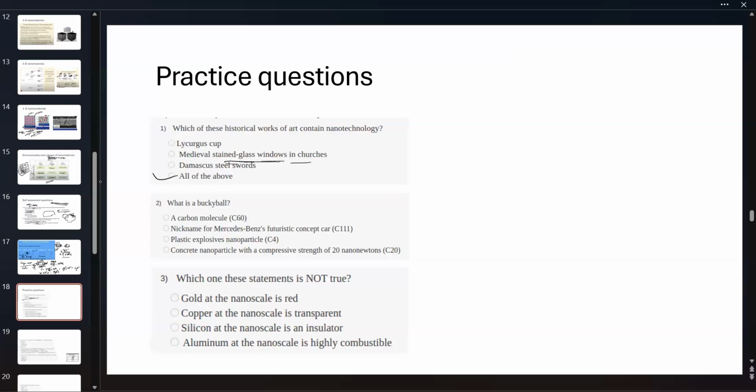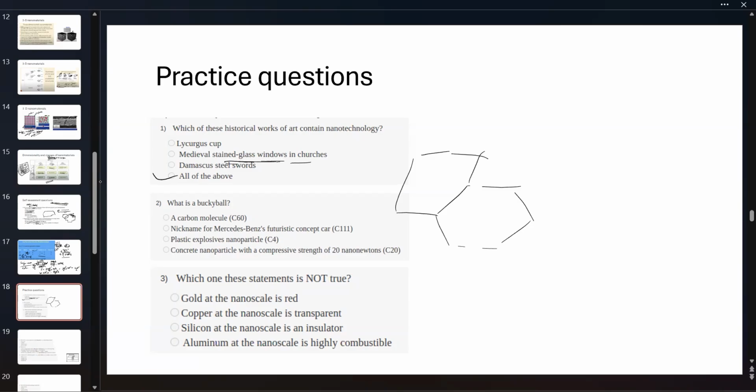What is a buckyball? If you remember, in the last class we saw, it's football shaped, difficult to draw, but football shaped nanoparticle made up of just carbon atoms.